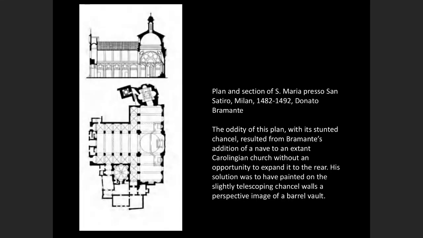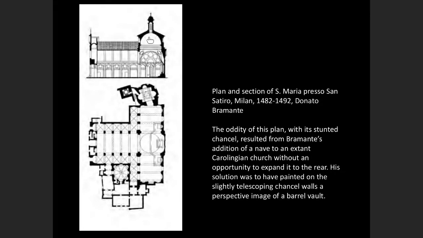This project was a difficult one in that it was a very tight site and didn't have a lot of depth to it. And so he wanted, like we saw at Alberti's church, a long nave. He wanted a transept crossing, a dome in the center.